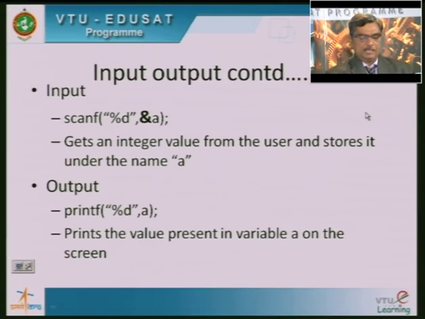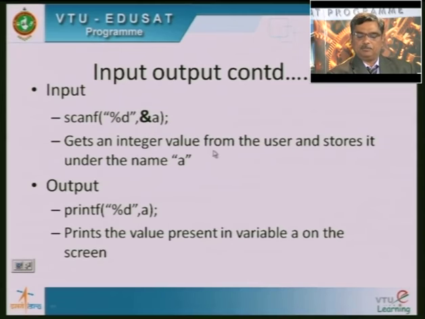Now we will once again refresh our input statement, that is scanf. In the double quotes, if you observe, %d is used because A is of type integer, and along with this you use the ampersand symbol. Get an integer value from the user and store it under the variable name A. That is the meaning of scanf.